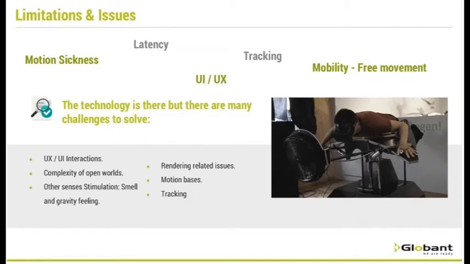That is also related with mobility and free movement, and it's something that if you take a look now with this Samsung Gear, you need to have a lot of cables connected, because a way to avoid this latency and tracking is to basically have a wired connection to the computer that is running the simulations.